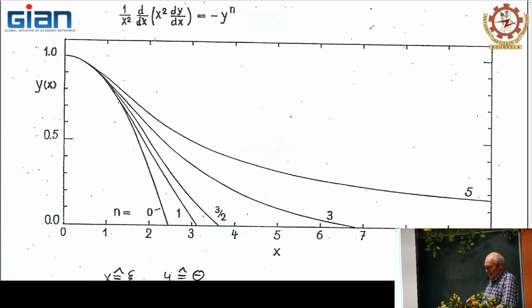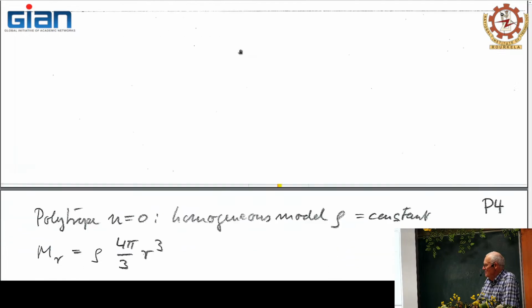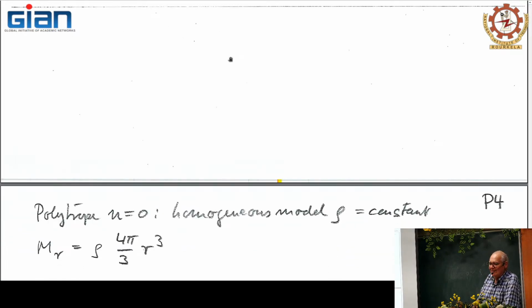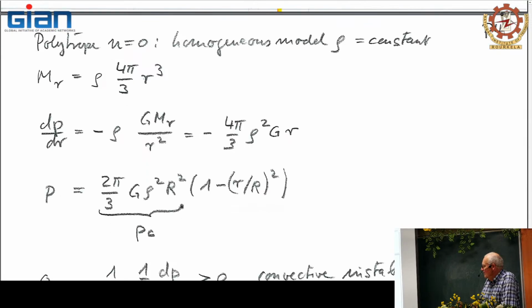A particular model which is very simple and completely unrealistic, but which allows for an analytical treatment even of the pulsation equation, is the polytrope of index n equals 0. I will show here the properties of this polytrope.